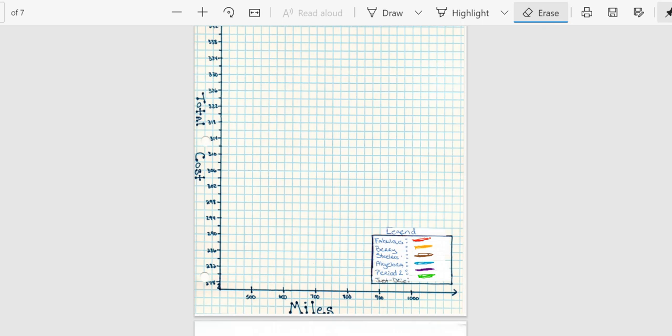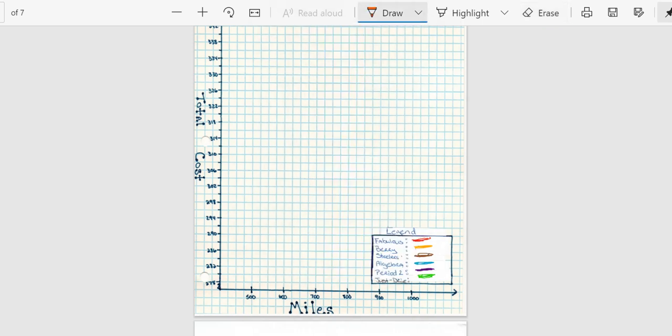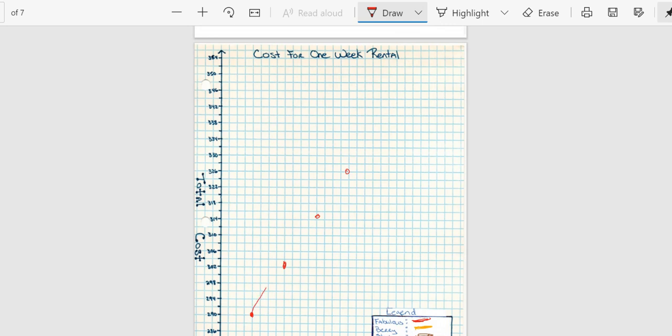But for this, then you would just plot the points. Again, I'm completely making up values here, so don't pay me any attention. This is not correct. So let's say for Fabulous Rent-A-Car, it's 500 and then it's 290. That will be that point. 600 this, 700 this, 800 this, etc. And then this would be my line for that one.